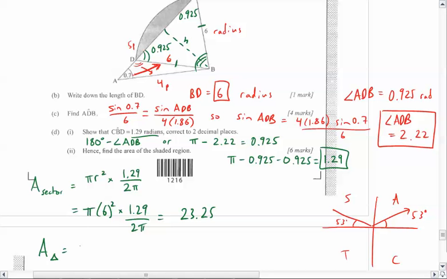To find the height of the triangle, I can use sine theta is equal to opposite over hypotenuse. That can give me the height. And cosine theta is equal to adjacent over hypotenuse. That'll give me half of the base.